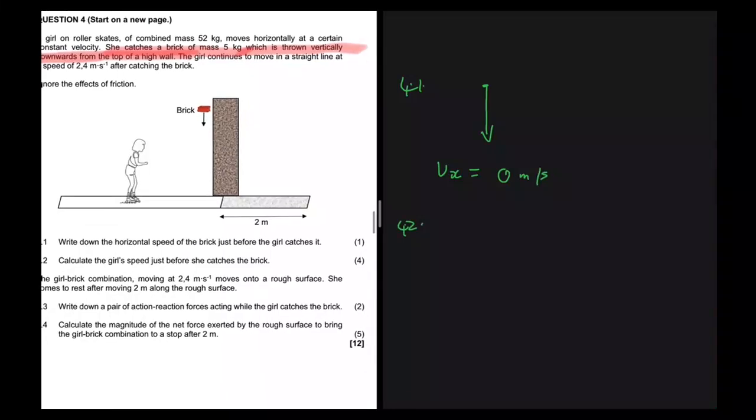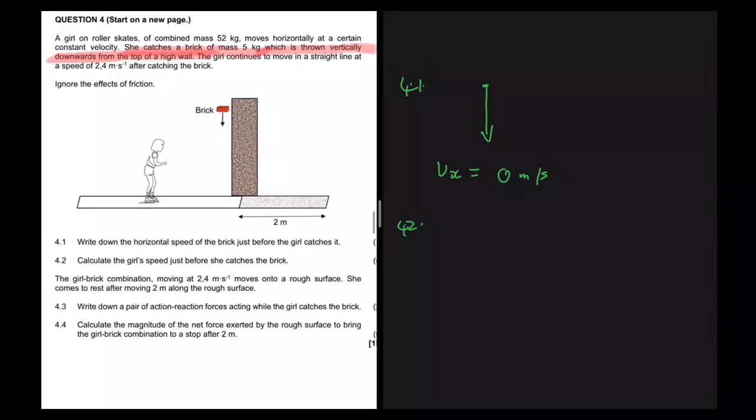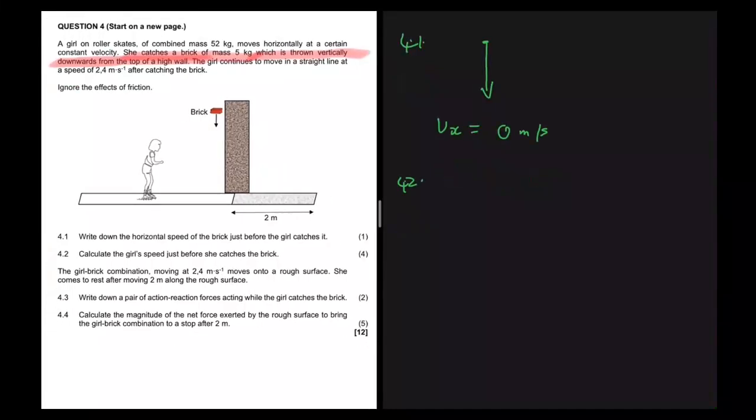And now moving to the next question, 4.2. 4.2 is saying let's calculate the girl's speed just before she catches the brick. So let's go through the question statement and have an idea of what is going on. We are told here that a girl on roller skates of combined mass 52 kg moves horizontally at a certain constant velocity. So we have a mass equal to 52 kg, and the velocity is unknown. Then she catches a brick of mass 5 kg.